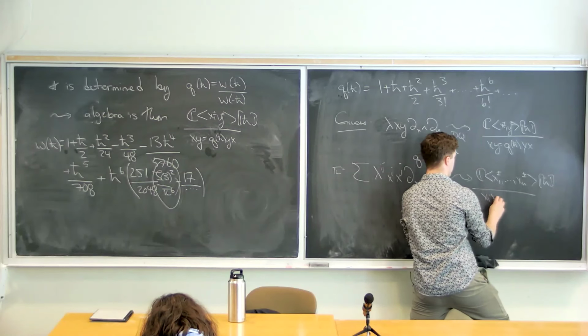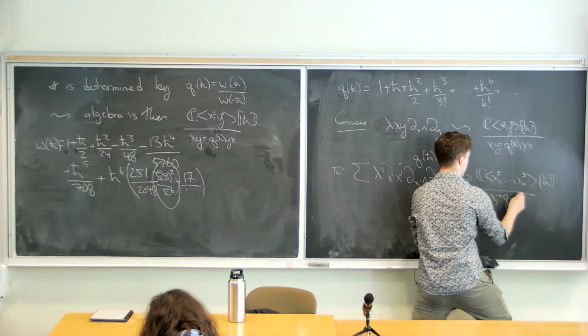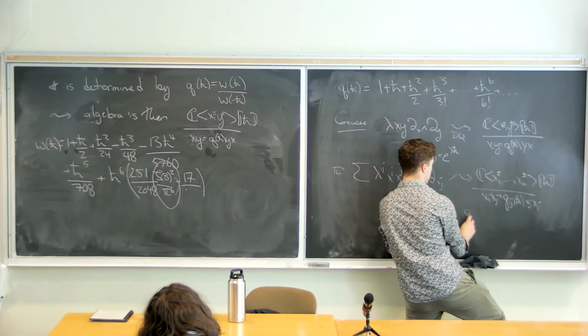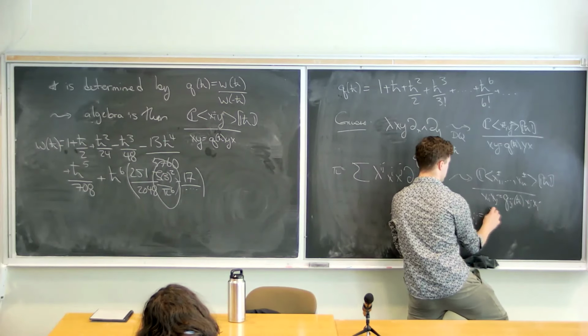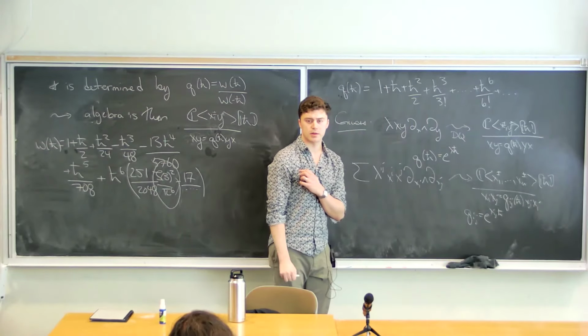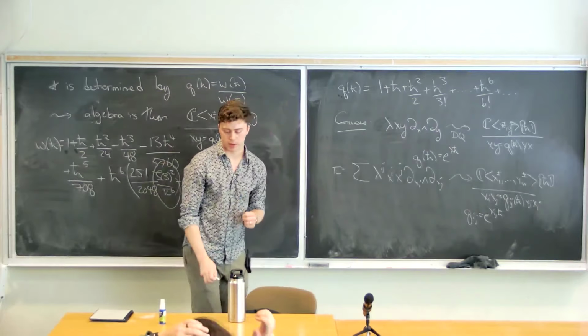But x_i x_j should be q_ij of h bar x_j x_i, and you would guess that q_ij was just e to the lambda_ij h bar. Sorry, does that make sense? Okay.